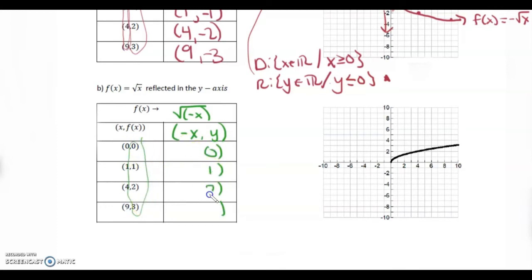I always do the one that stays the same first, just to set up my question. Okay, and all the x's are going to negate. So 0, -1, -4, -9. 4, 2, 9, 3. So this is the reflection in the y-axis.